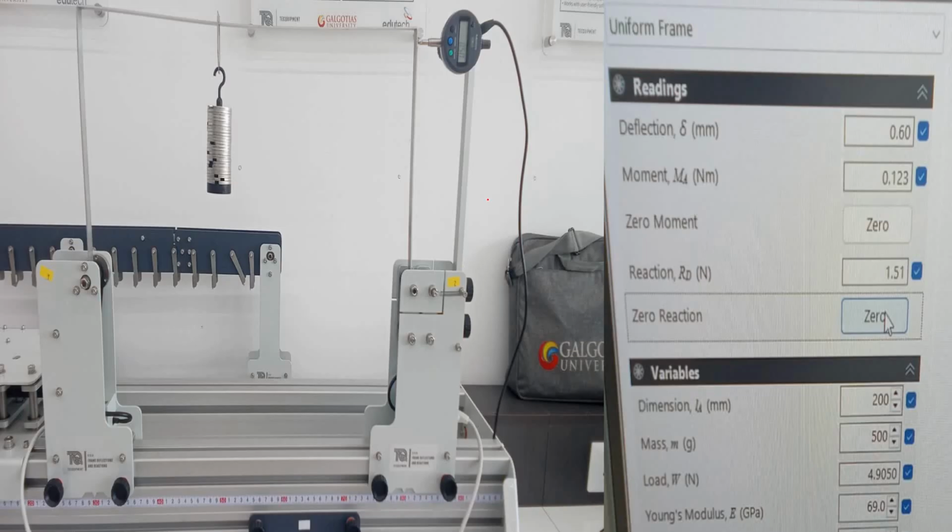And this was verified by the Galgotias University machine calculations.